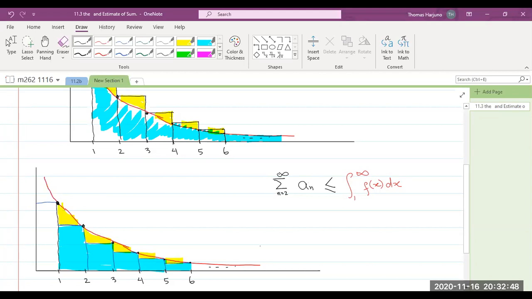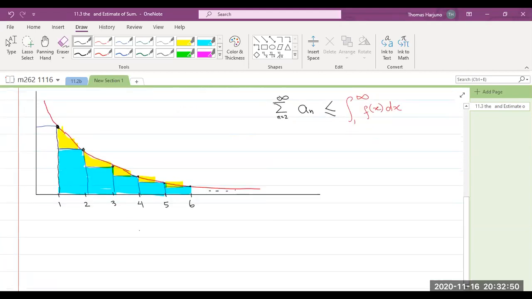In short, conclusion. So from those two pictures, we see the following, that the infinite series from 1 to infinity is bounded above by the integral.